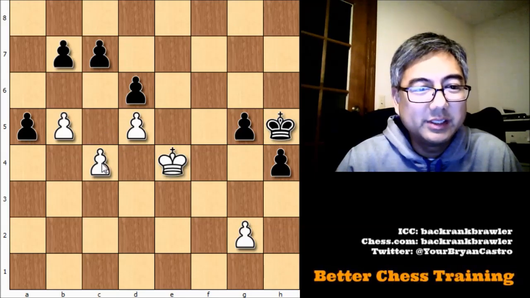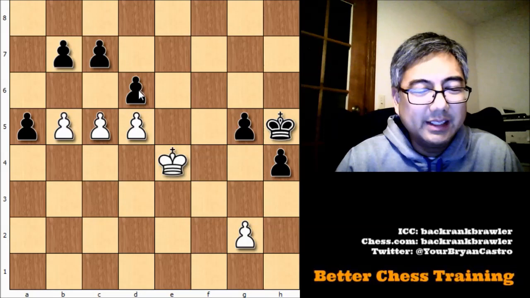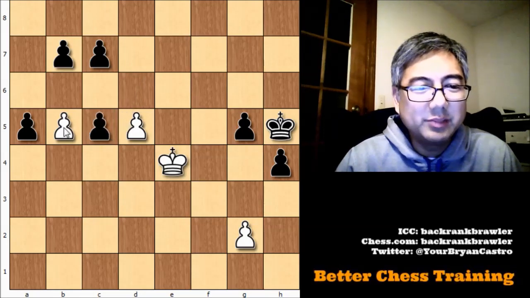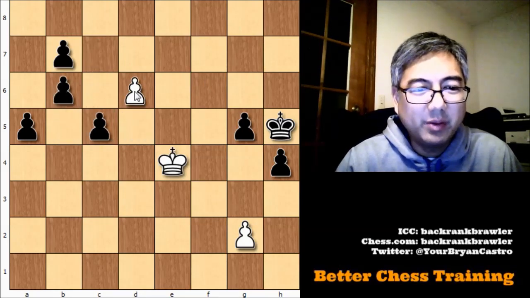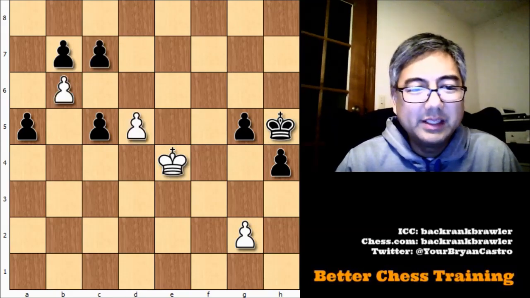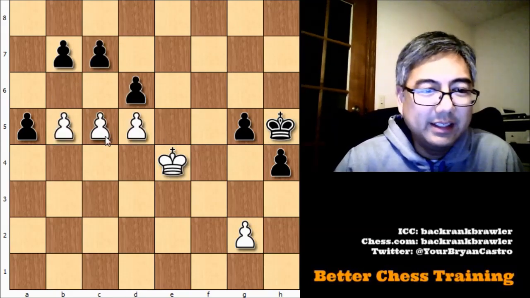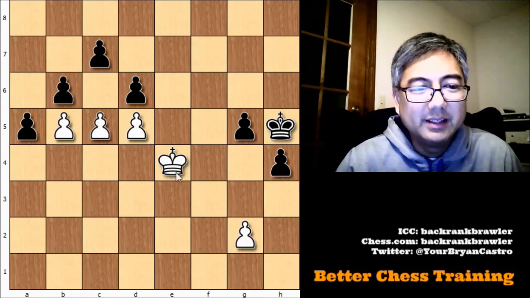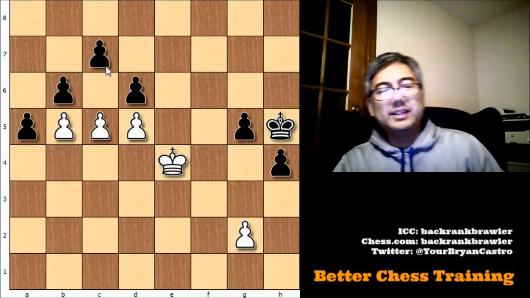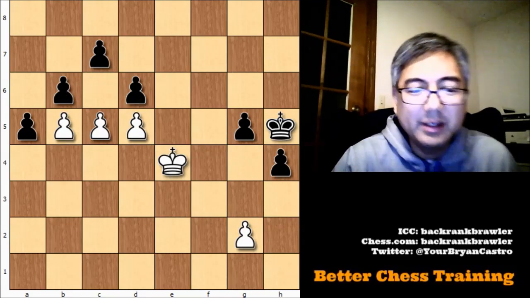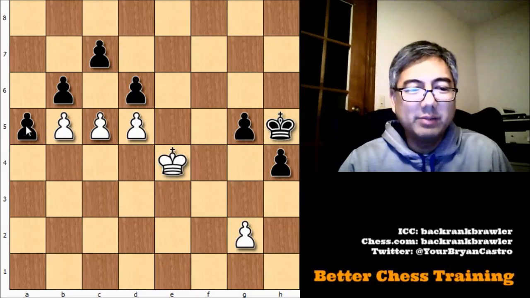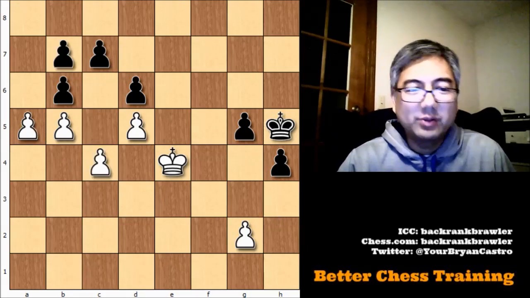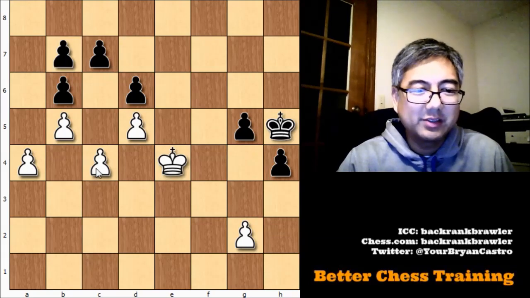If you were considering following up here, you can probably see that black shouldn't do this, because then you can create a passed pawn this way. But instead, if you try to break with c5, hopefully you saw that black can just play b6. That's a pattern here, and you'll never be able to create a passed pawn. Of course, now black has his own passed pawn. So a5 is incorrect.